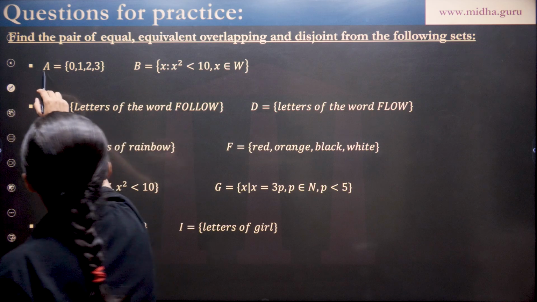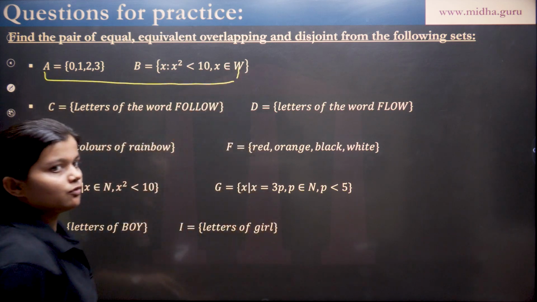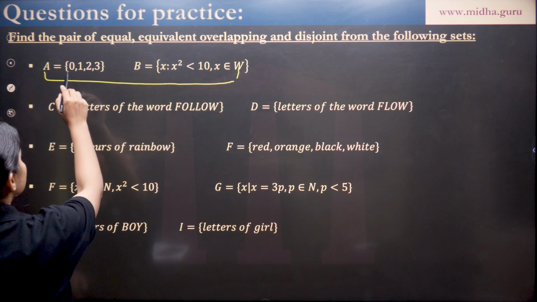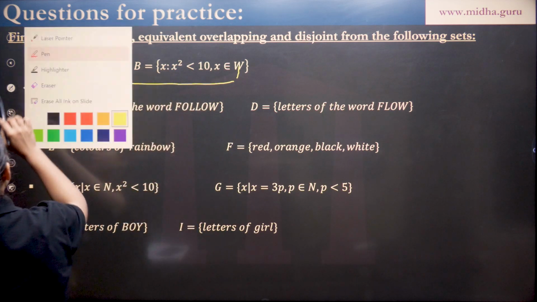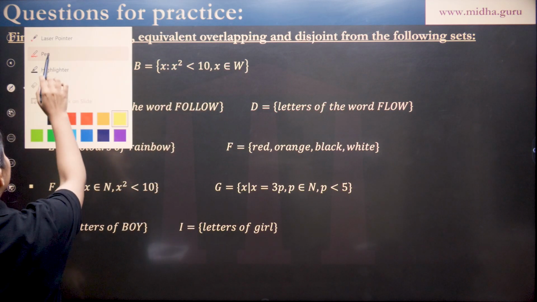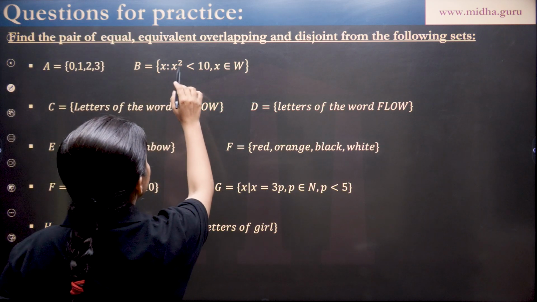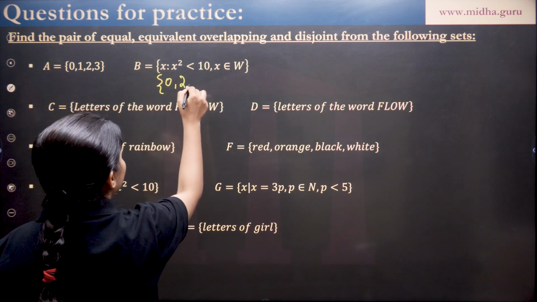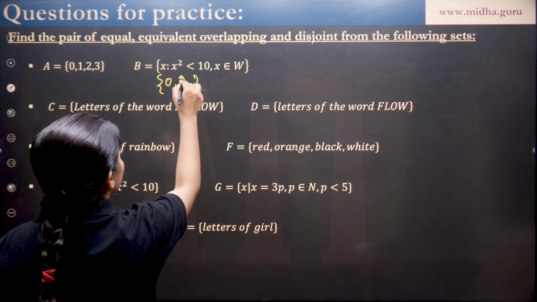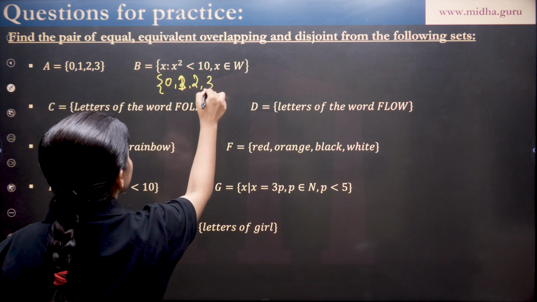What type of set is this? We have to find that. Set A has 0, 1, 2 and 3, and set B has x square is less than 10. So it has 0, 1, 2 and 3.